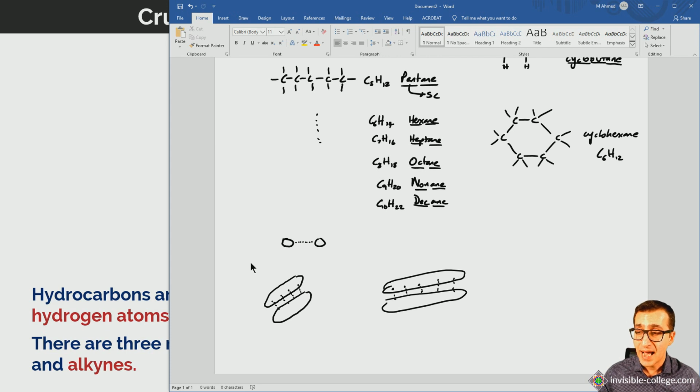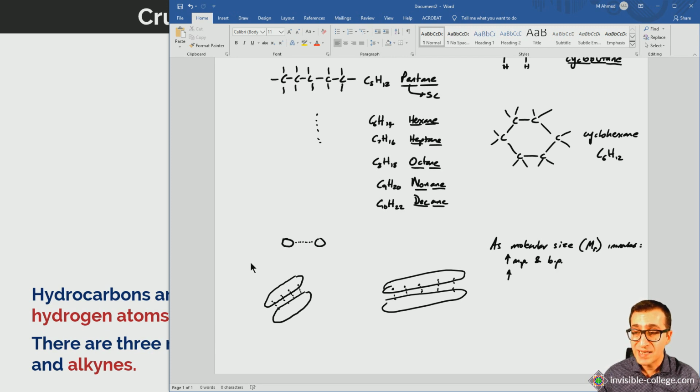And so typically, as molecular size increases, and this essentially means as the relative formula mass of these substances increases, we see a trend in the physical properties. First of all, you get an increasing melting point and boiling point.